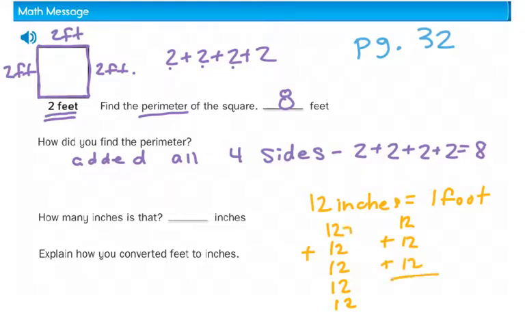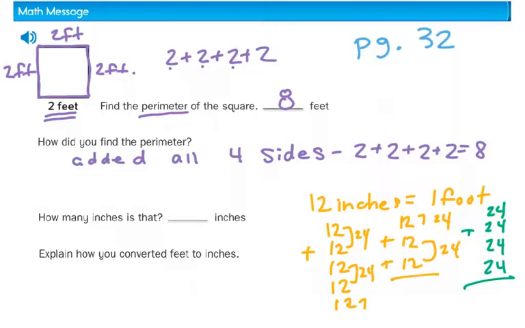Okay, so if I was going to do this, this is 24. Those two together is 24. Those two together are 24. So then, if it helps, you can add 24 4 times.